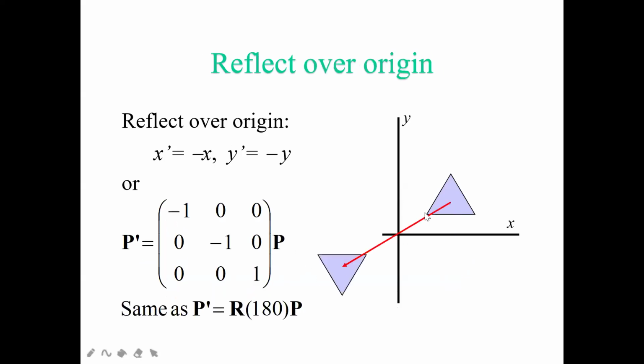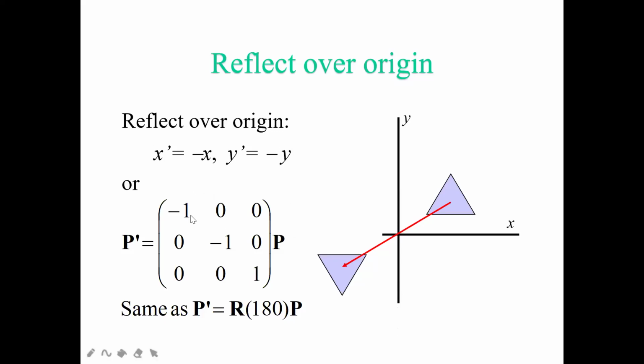The same thing, if you want to reflect over your origin, how will it be? You can see both the axes got changed. The x-axis went to this side, the left side, so it will be minus x. Y dash, the y-axis also went downward, so it will be minus y. So how do we represent this in your P dash?